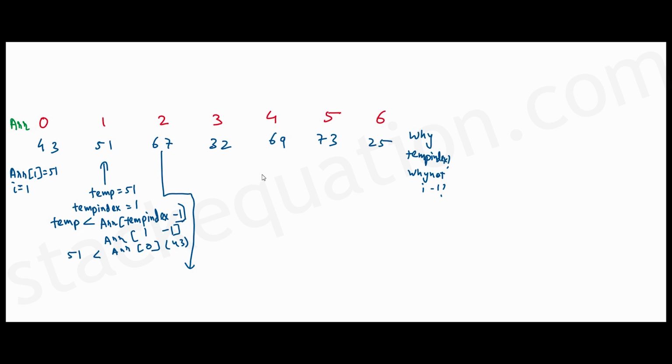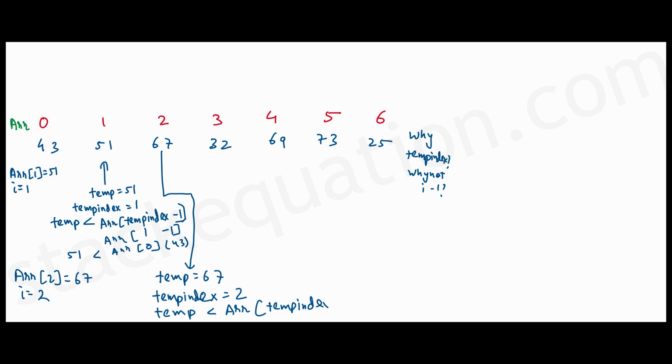So we move on. Next is array of 2, which is equal to 67. I is now incremented to 2. The value of I is 2 here, and we store 67 again in a temporary variable, and I store 2 in a temporary index. Then I compare if temporary is less than array of temporary index minus 1.